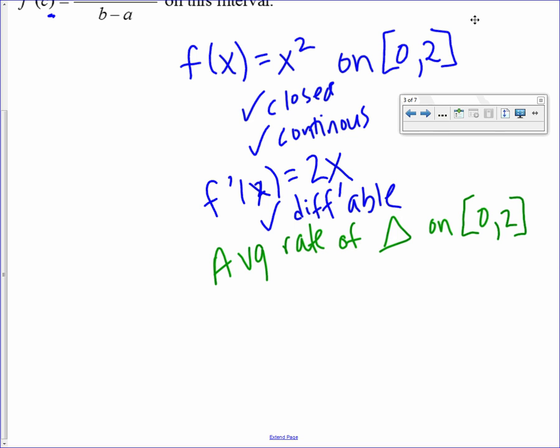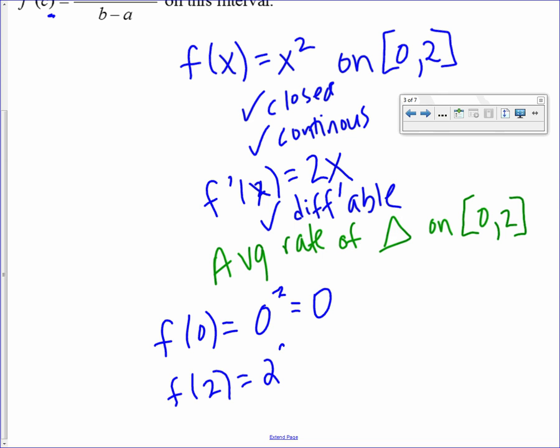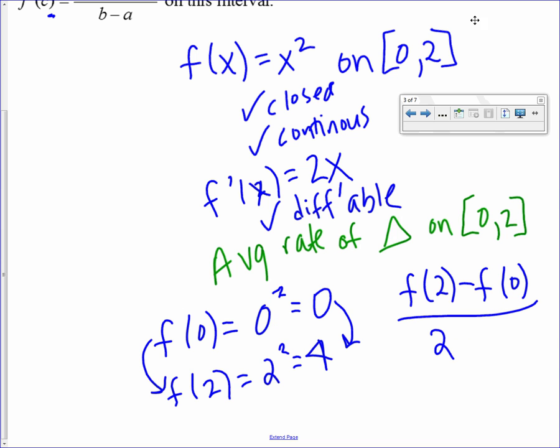So this function at 0 is 0, and the output at 2 is 4. So we see that we have a change of 4 units over 2 units. It's really just saying what's the slope, what's the change in the outputs divided by the change in the inputs.